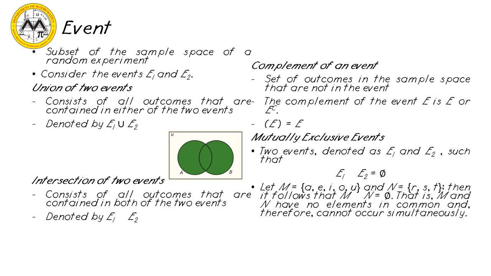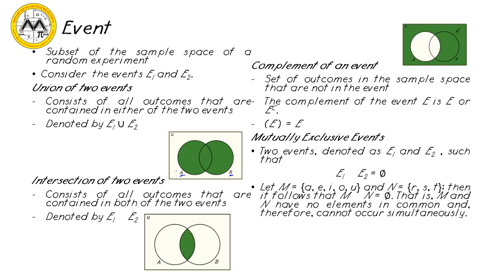So let's have this one as E1, which is A, and E2 as B. If we are going to consider the complex operation between these two sets, E1 and E2, we can have the union, the intersection, and the complement. The union of two sets designated by U or union operation is the set that contains A or B, or event 1 or event 2.